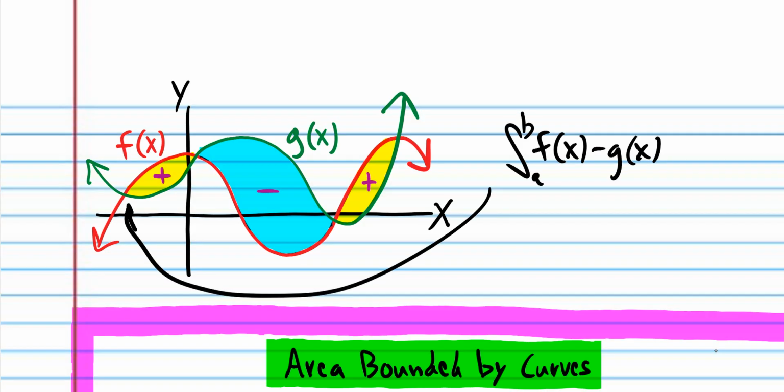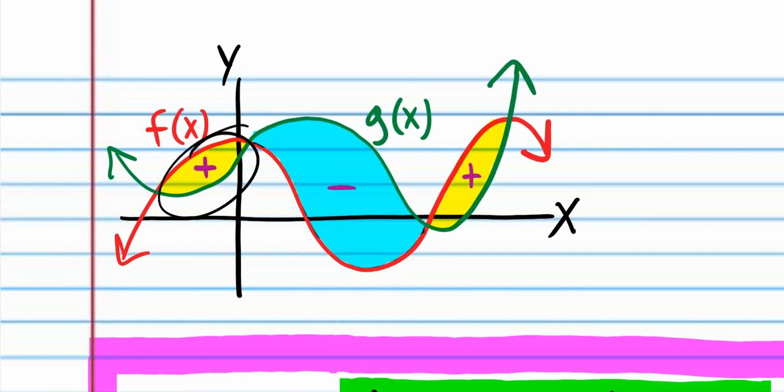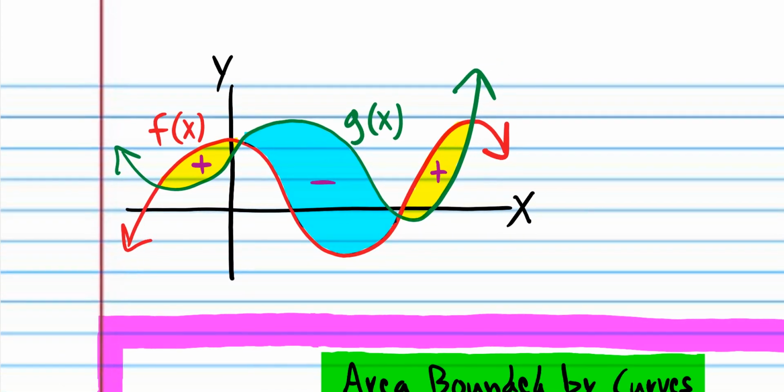A in this case would be here, and b in this case would be here. Again, if you use that formula, the blue area would be negative because the green graph is above. So if you add the positive area and the negative area, you're not going to get the actual area of the yellow and blue regions added up, because the blue region is a negative area.